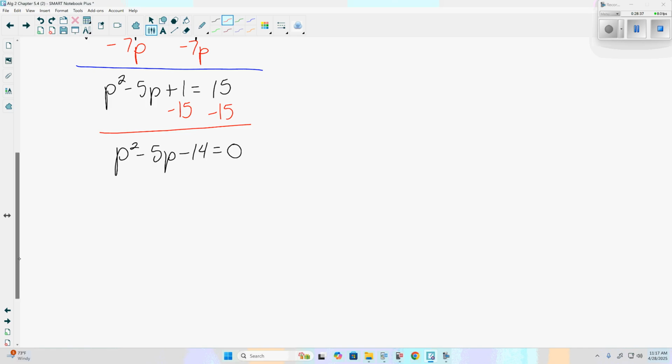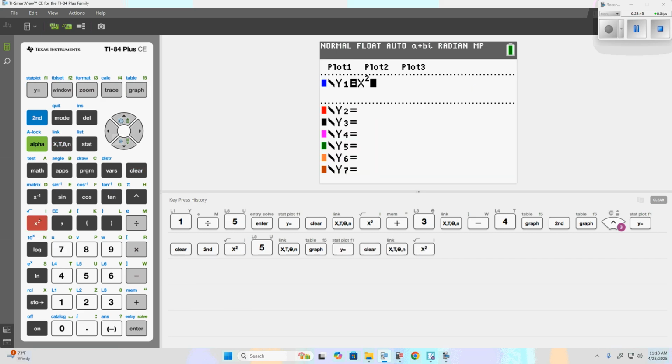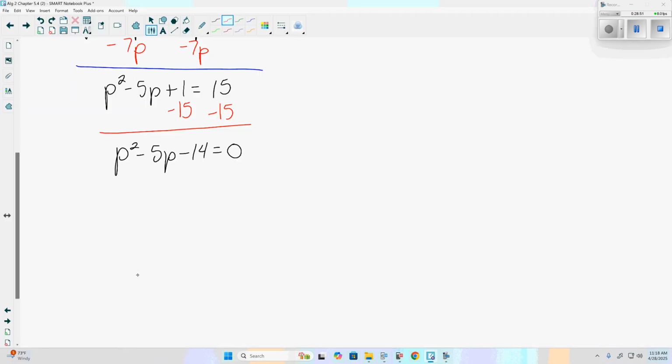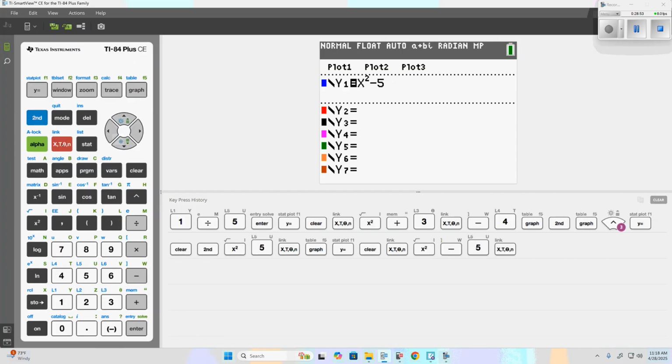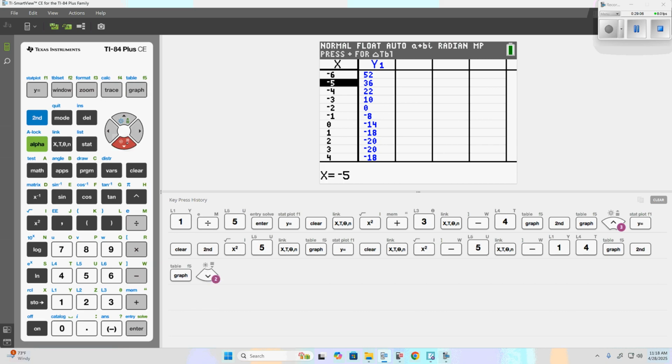Now at this point here, because the number in front of p squared is 1, we can actually graph this and get our answers. We'll say x squared minus 5p, so 5x, minus 14, and hit graph. Now we see that this does intersect at two nice spots, because if the number in front of the squared term, our p squared here, x squared, is 1, if it's going to have nice solutions, our integer rational solutions, they're going to cross the x-axis at integer locations.